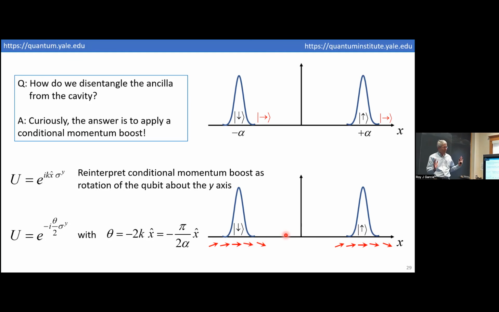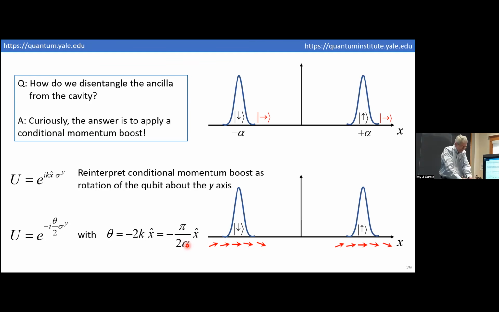It almost works. Unfortunately, there are quantum fluctuations in x because of the vacuum point. And so out here, I get a slight over rotation because x is bigger than it's supposed to be. And here, an under rotation because x is smaller. And the same thing on this side. But the rate of rotation, k is pi over 4 alpha, is getting small for large cats.